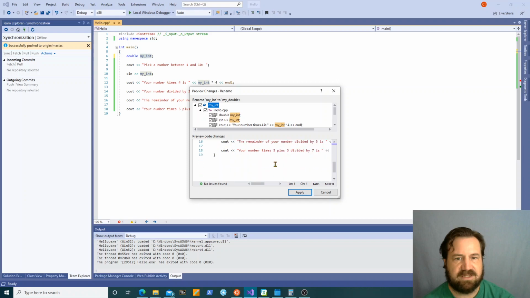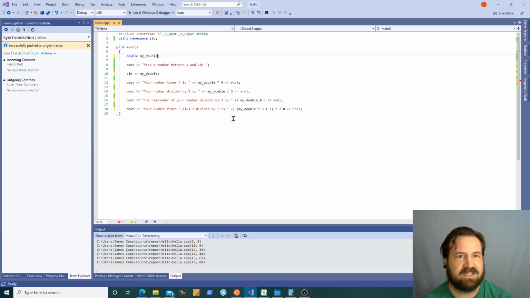And that's going to change that everywhere, and that's what I want. So pick a number between 1 and 10. This time, we should get some interestingly different results, right?